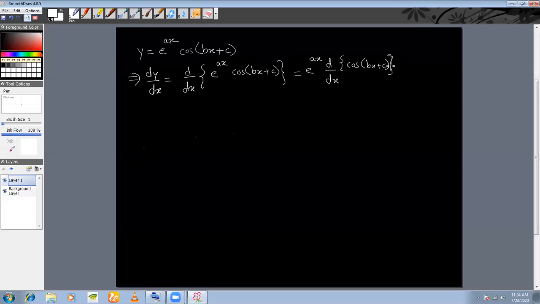Don't do this by chain rule, do it directly. Plus cos bx plus c into d/dx of e to the power of ax. Okay, now we can actually apply chain rule to differentiate this and this. That is the idea.